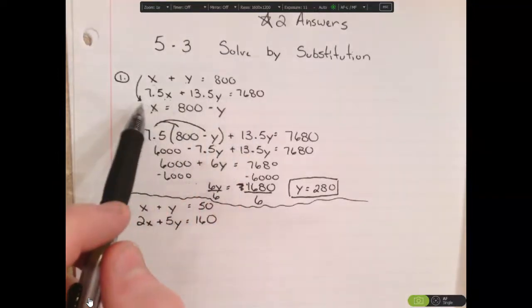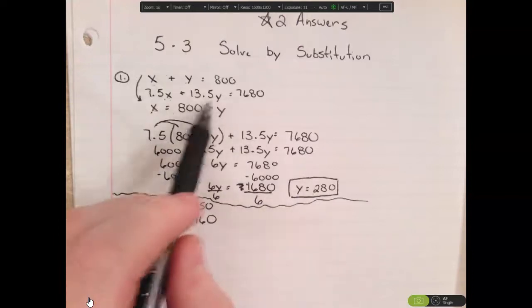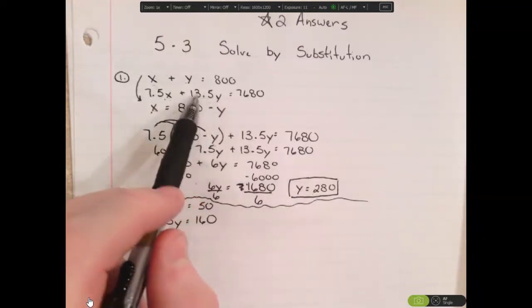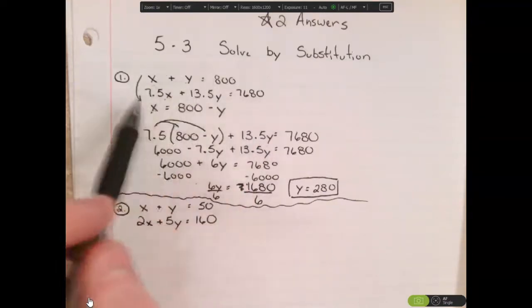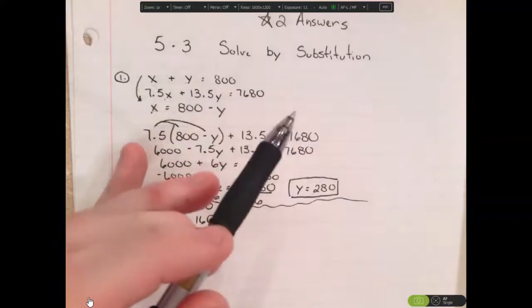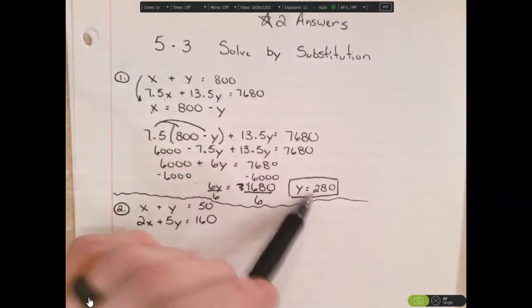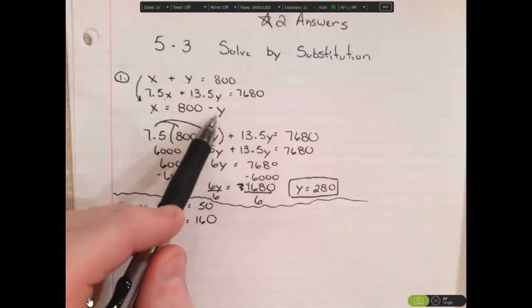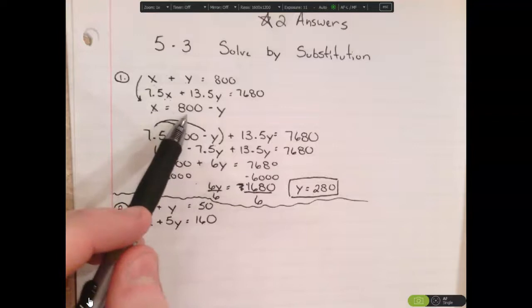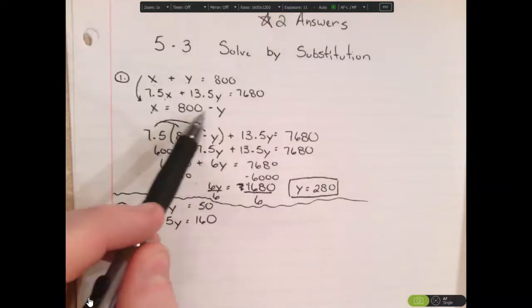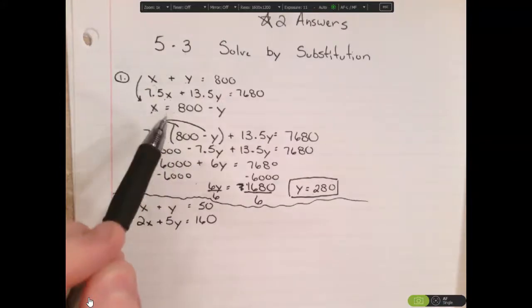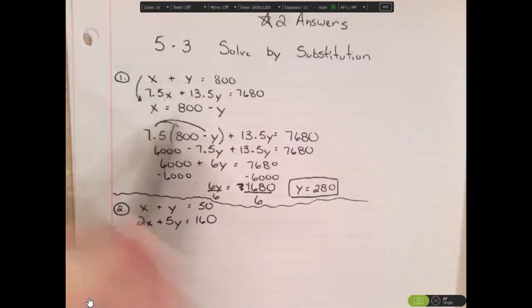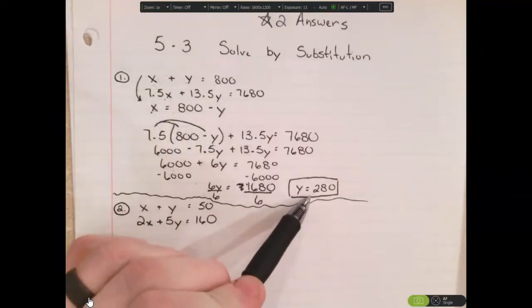There's a lot of work, guys, if I were to put 280 in for y, because I would have to multiply by 13.5, move it to the other side, divide by 7.5. That's a lot more work than if I were to put 280 into this last equation. I just have to do one step. I just have to do 800 minus 280, and that will tell me what x is equal to. So be smart about what equation you're plugging your y equals into.